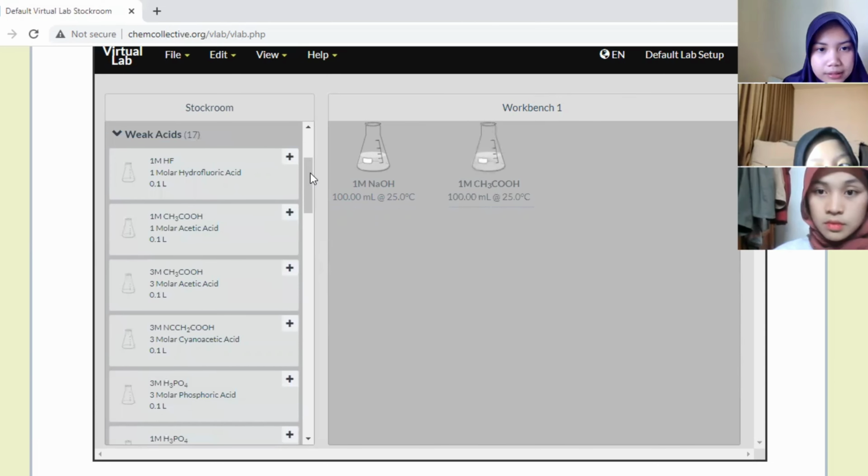And next, apparatus, we use a burette, this one. Yes. And we use a pipette.